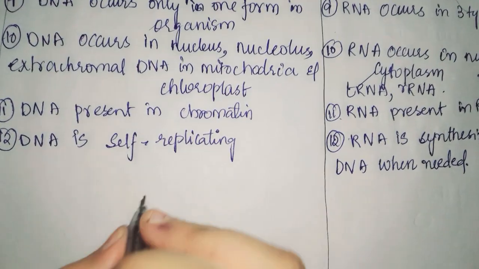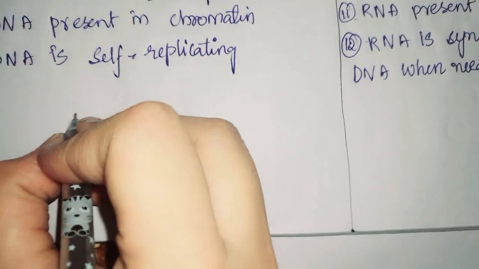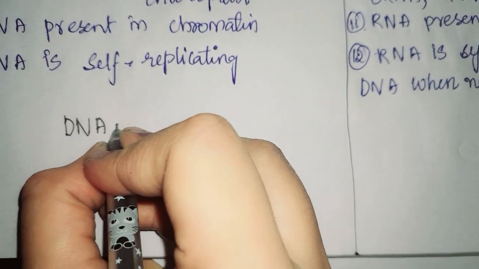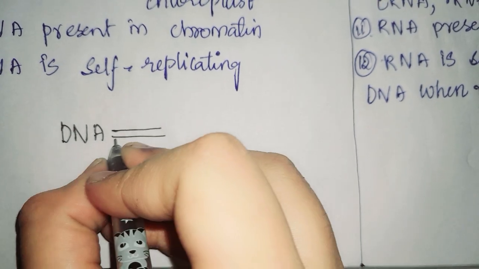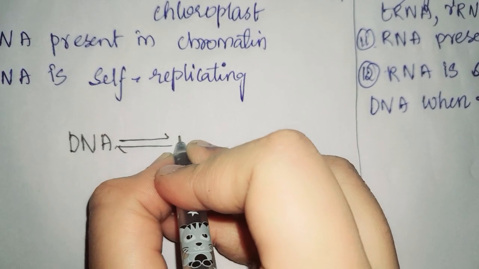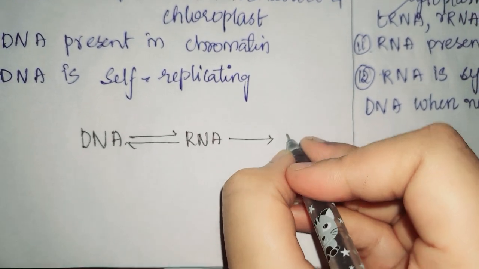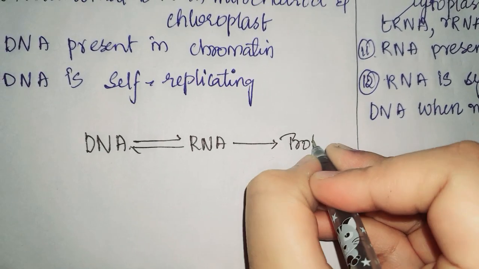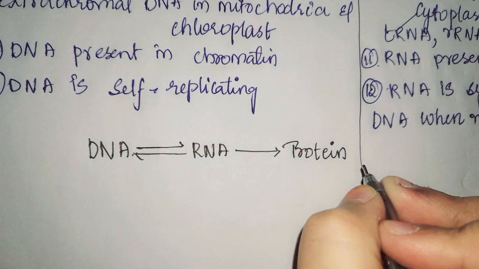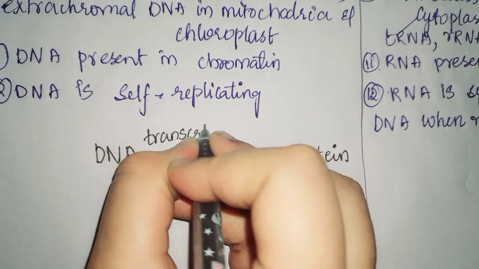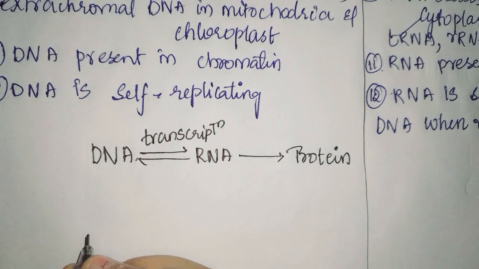Here you have seen the central dogma of life, right? So we have DNA, and DNA gives RNA, and RNA gives a protein, right? DNA on transcription will give you the RNA.